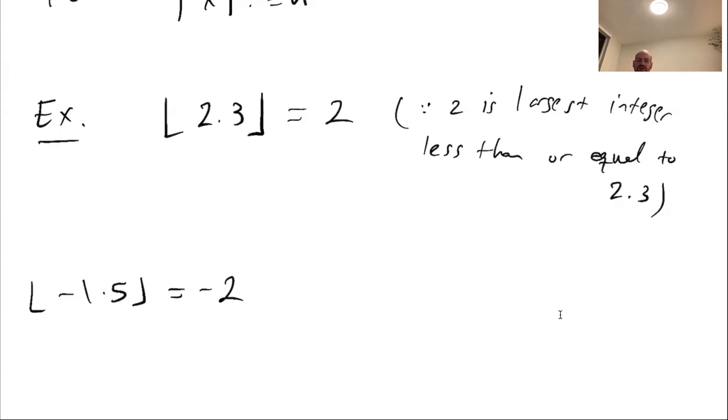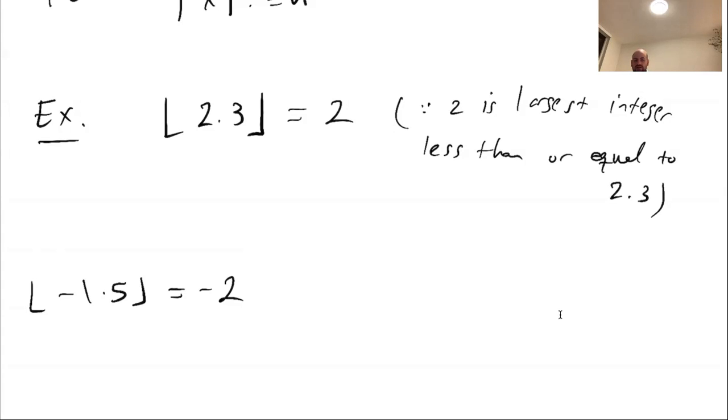Usually for the floor of positive numbers, there is no confusion. But for negative numbers, some students get confused, because for 2.3 we said 2. So for minus 1.5, many people would think minus 1, but that's not the case. We have to look at the definition. The definition says the largest integer less than or equal to x.